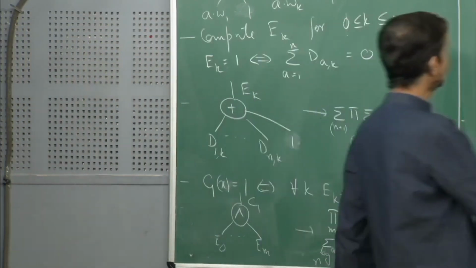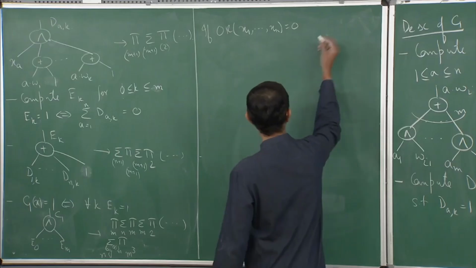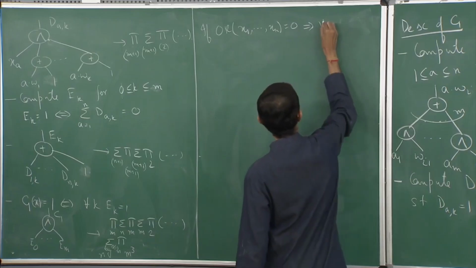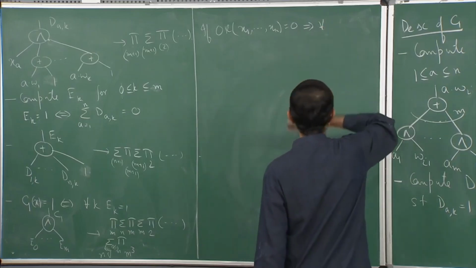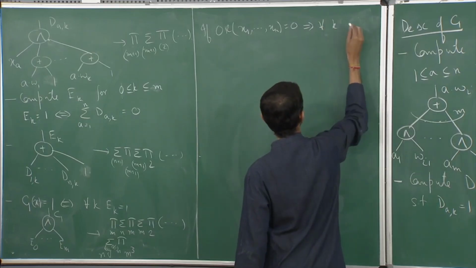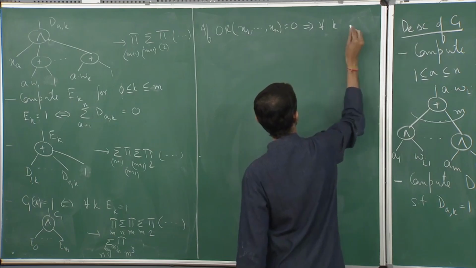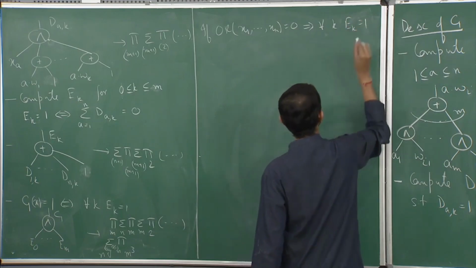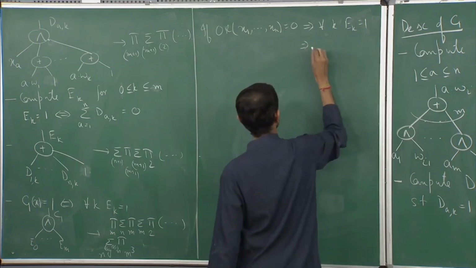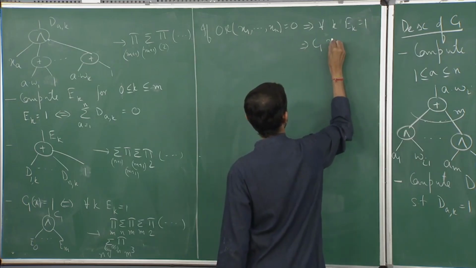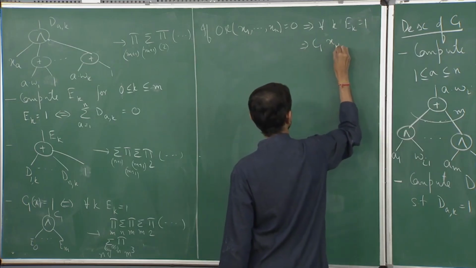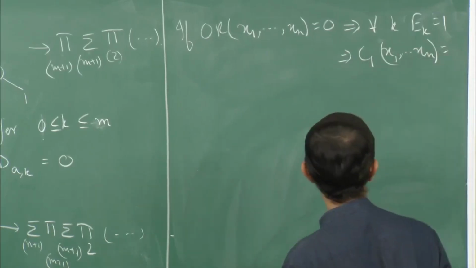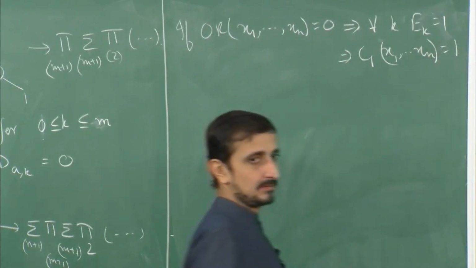So, if OR of x1 to xn is equal to 0, then for all K, EK is equal to 1, which implies that C1 of x1 up to xn will be 1.